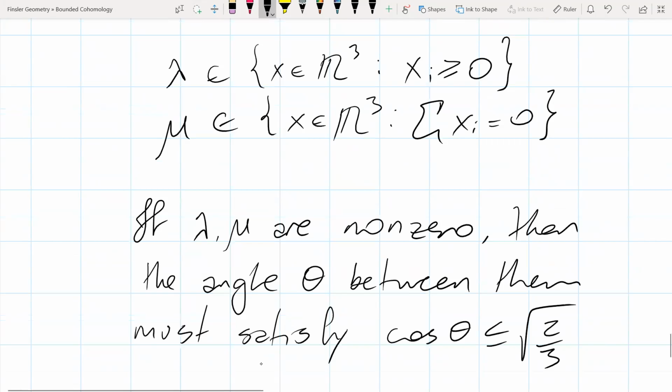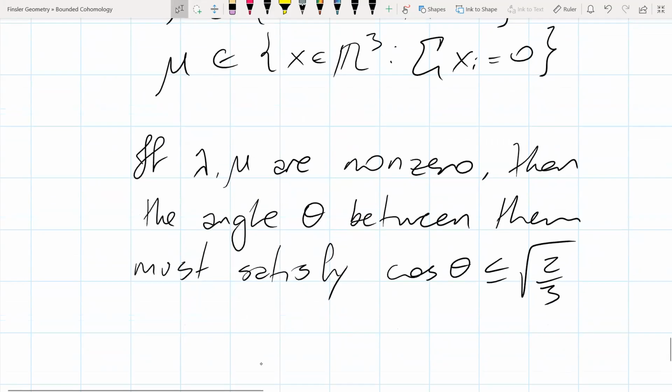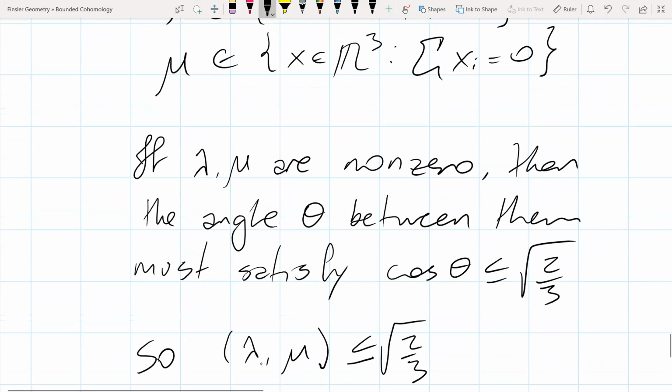It's at most square root of 2/3. So that we have that the inner product of lambda and mu is less or equal than square root of 2/3 times norm of lambda, norm of mu.